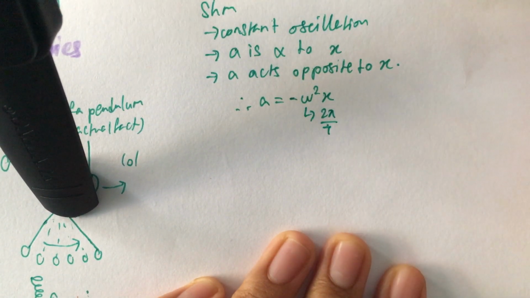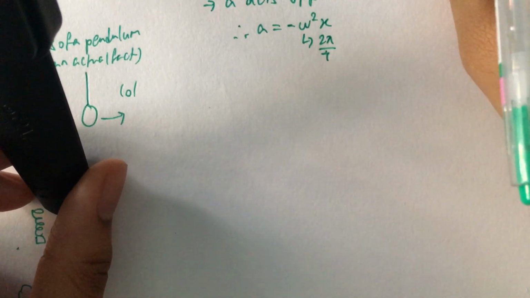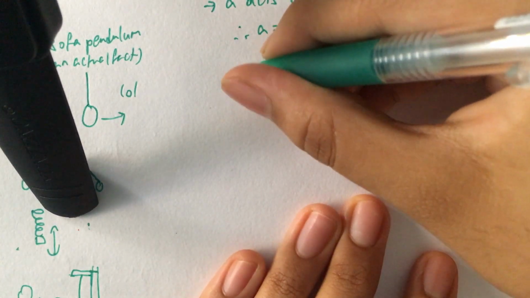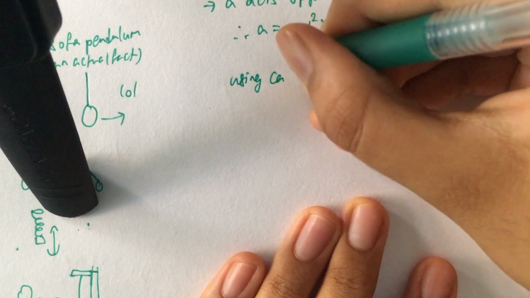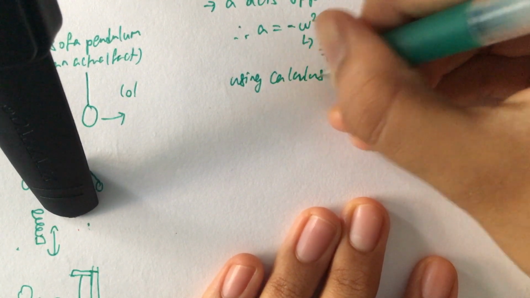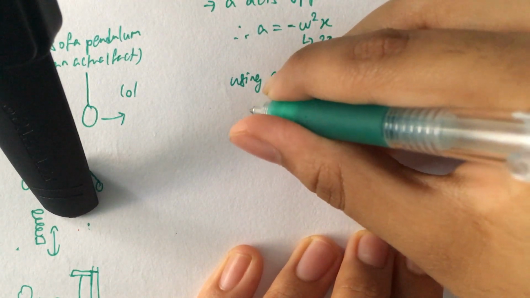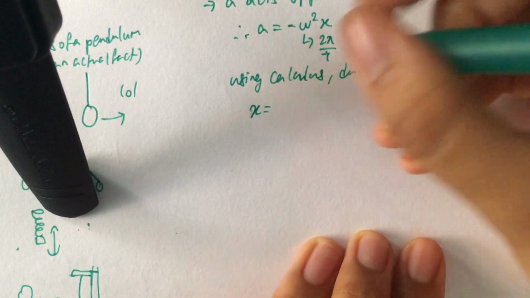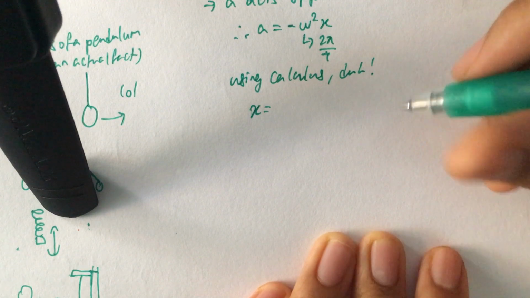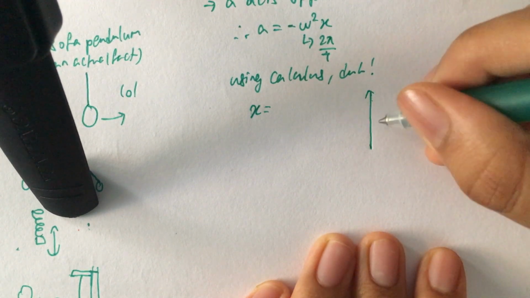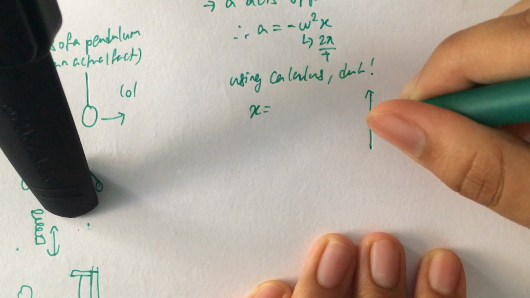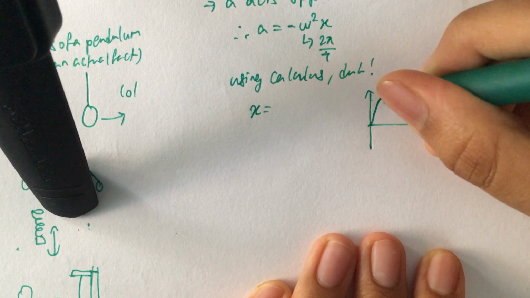Right, so how do you get this equation? You start with displacement, first of all. x is displacement. So how do you get the displacement of that particular pendulum or whatever is oscillating? You would first represent it with a sinusoidal equation, because you know that it increases and then decreases.